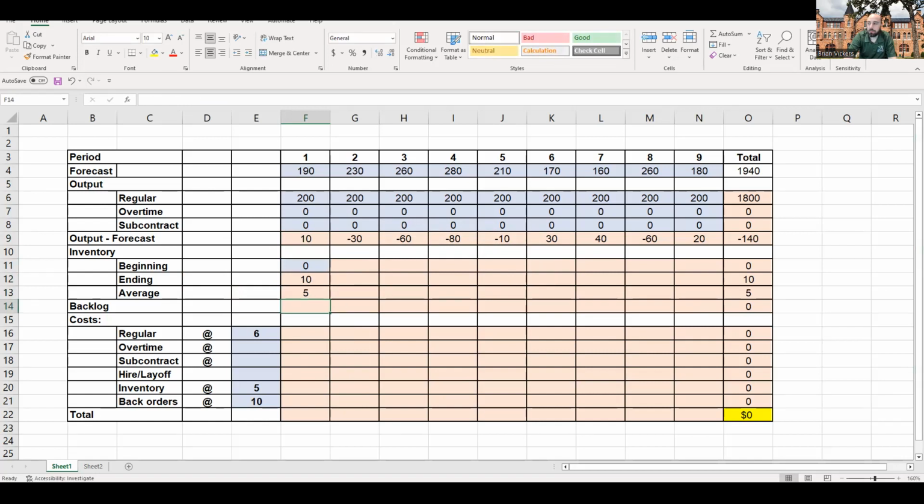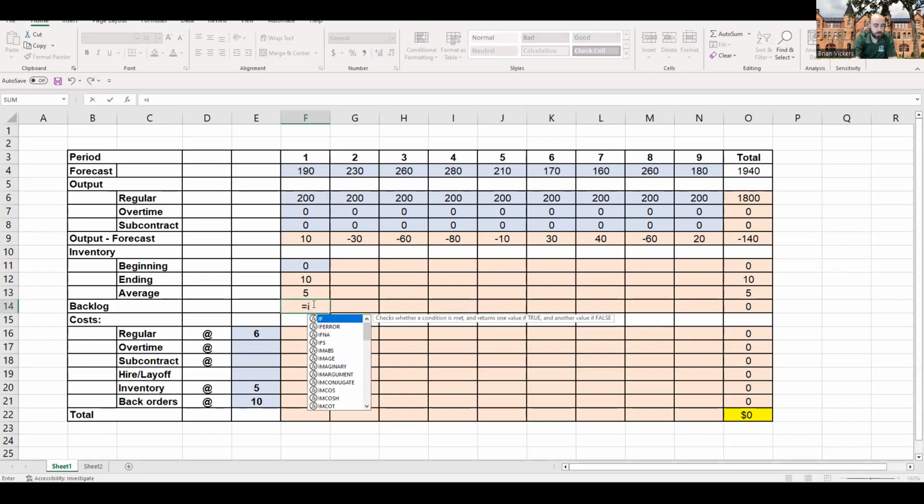Backlog. Okay. Backlog, I can also write a formula for. So it's going to be the exact same thing to start with. So equals if, open the second set of parentheses, if my beginning inventory plus output minus forecast minus backlog, which is E14, if that is less than 0, I don't want it to show 0.